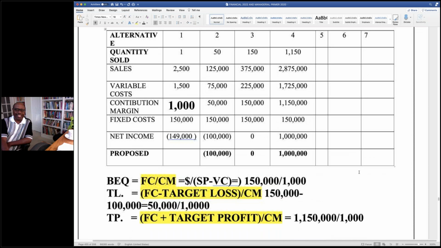Put 150,000 plus the 1 million in your calculator and press equal. Then press divide by 1,000. I was doing it all together instead of pressing the equal sign, then dividing.